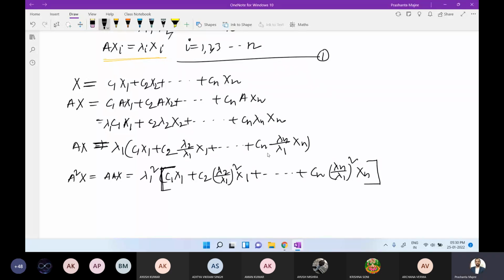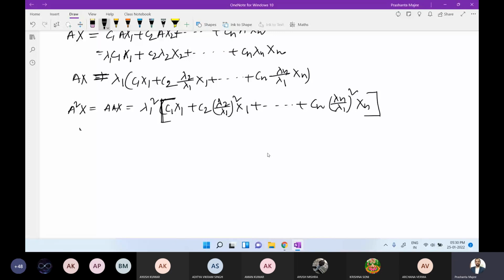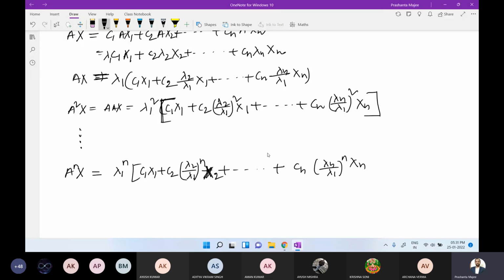Okay. So if you repeat the same procedure, what will be A power n into x? You are pre-multiplying x vector by the matrix A n times. The resulting output will be lambda 1 power n times c1 x1 plus c2 lambda 2 by lambda 1 power n into x2 so on up to cn lambda n by lambda 1 power n xn.